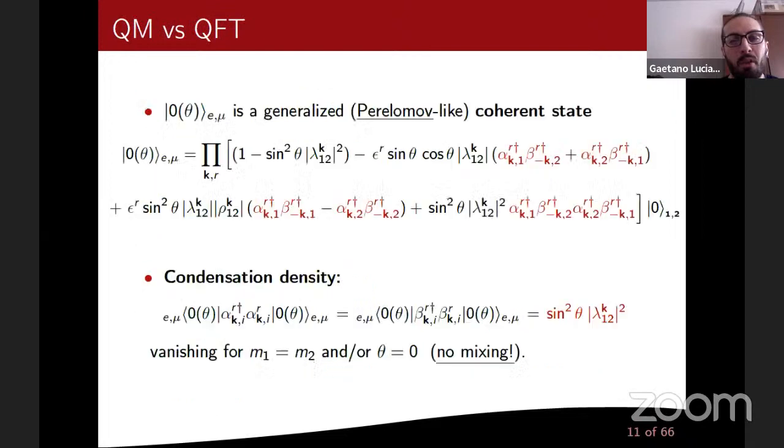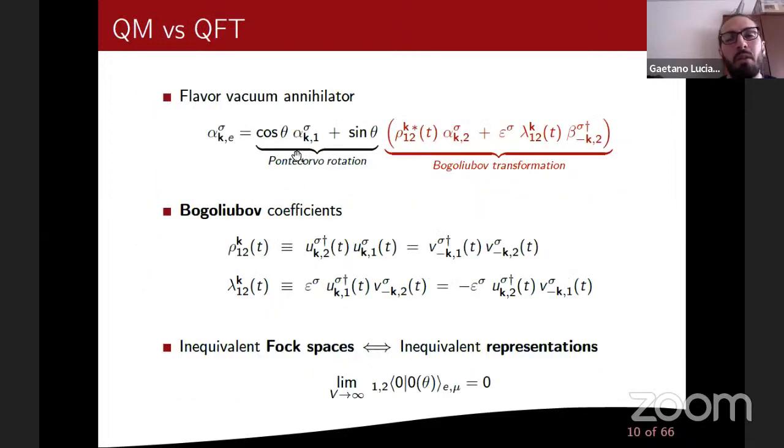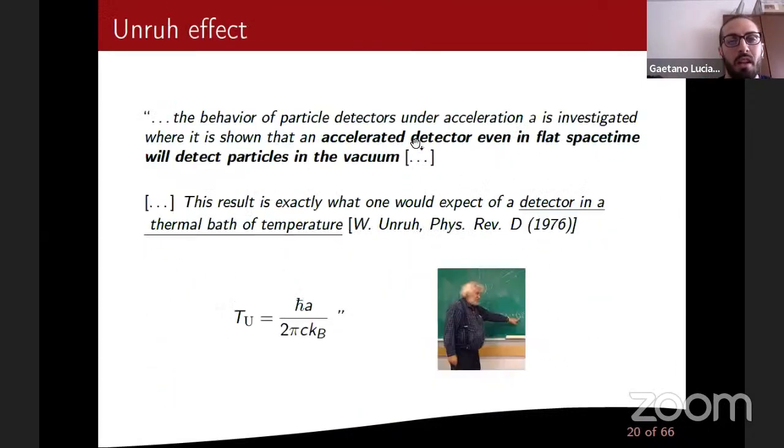Your ladder operator is just cosine theta alpha 1 plus sine theta alpha 2. So it's just a rotation of alpha 1 and alpha 2.